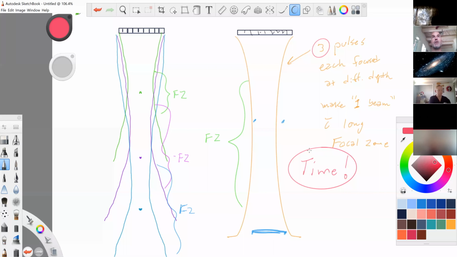So I'm jumping ahead a little bit, but if you're doing a thyroid, which is, you guys can see me, right? That far below the surface of the skin. Well, the go-return time for a single pulse is only 2 centimeters, so 26 microseconds.